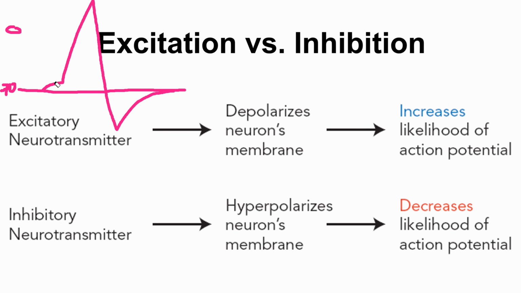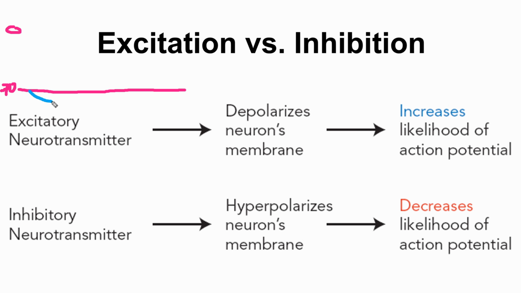If instead we're looking at inhibitory neurotransmitters, I can change colors to make it a little easier, they're going to be making the cell more negative. So we can talk about it hyperpolarizing the membrane. So the local potentials, instead of getting higher, are making the charge even lower.